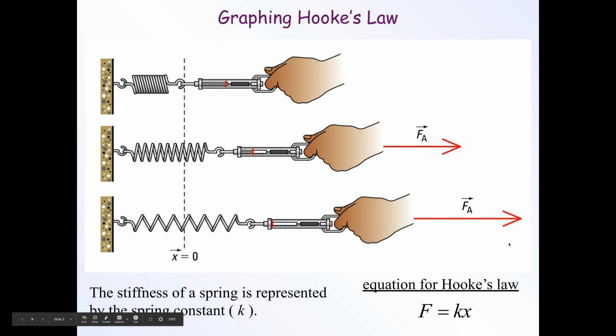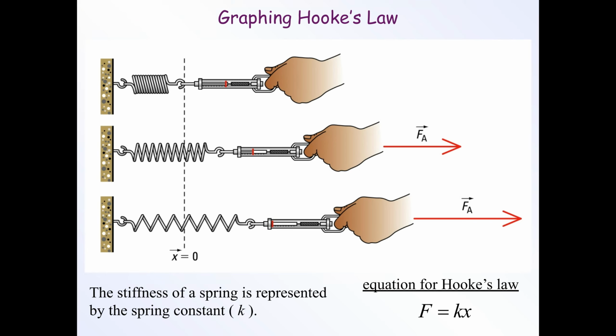Looking here, the stiffness of the spring is represented by the spring constant K. We talked about that earlier this year in a different unit. The equation we use for Hooke's law is force is equal to the spring constant K times the displacement X. So X is always the displacement from our equilibrium position. This is where it's starting, where the spring naturally wants to be.